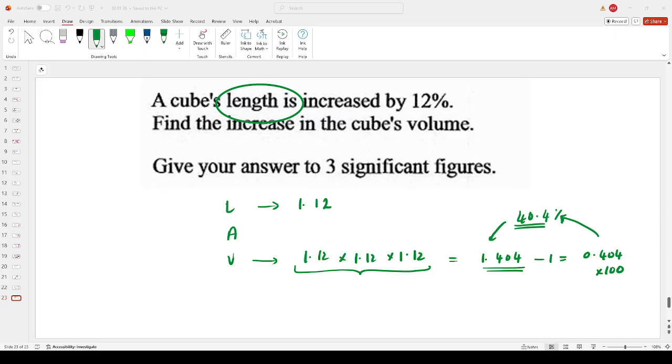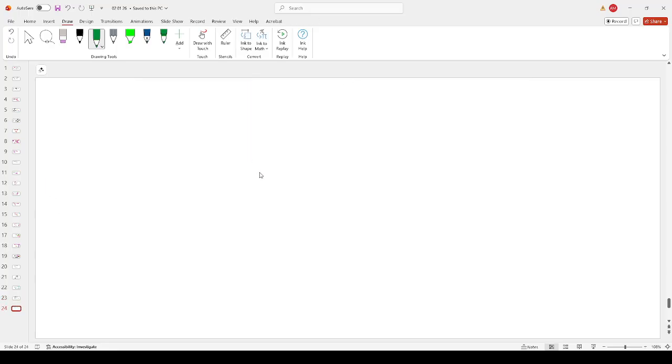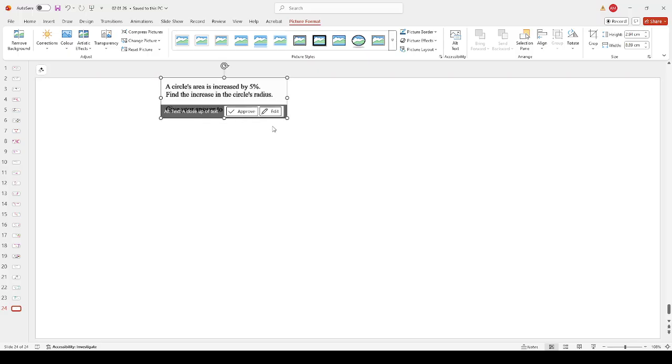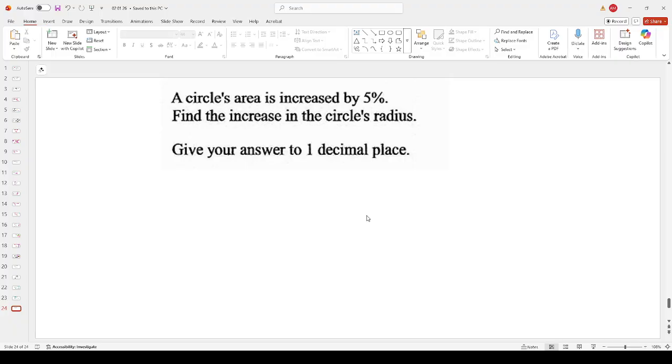Should we do one more? This time, make sure you read the question, yeah? A circle's area is increased by 5%. Find the increase in the circle's radius. So a circle's area is increased by 5%.